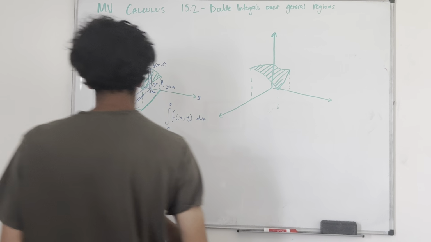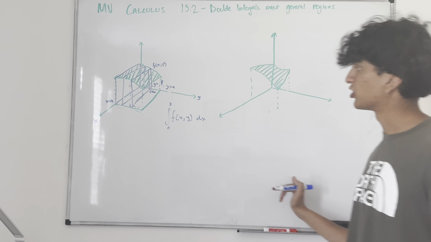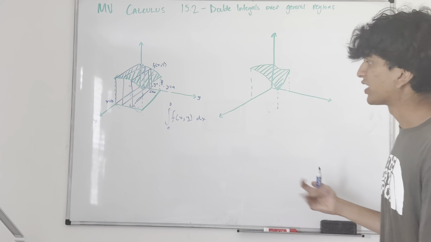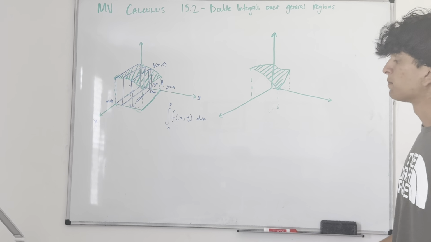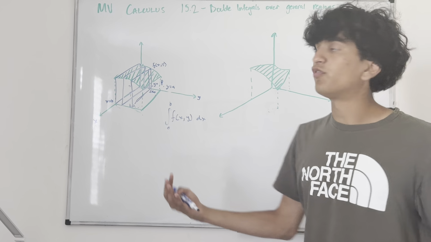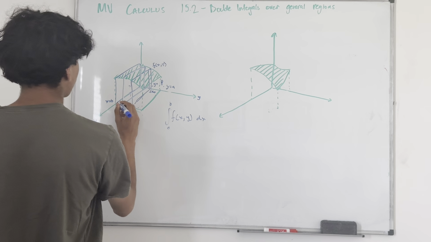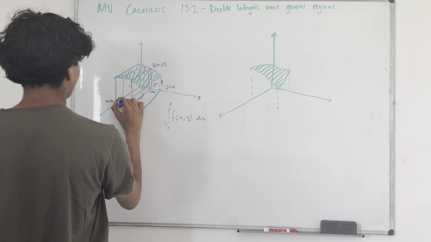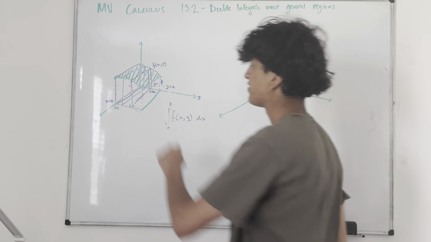And what you notice is this cross-sectional area is going to be some function of y, because when I'm done taking this integral, y is treated like a constant. So the cross-sectional area ends up being some function of y, and we're going to integrate that. You get a little small volume dV by multiplying dy by that cross-sectional area.